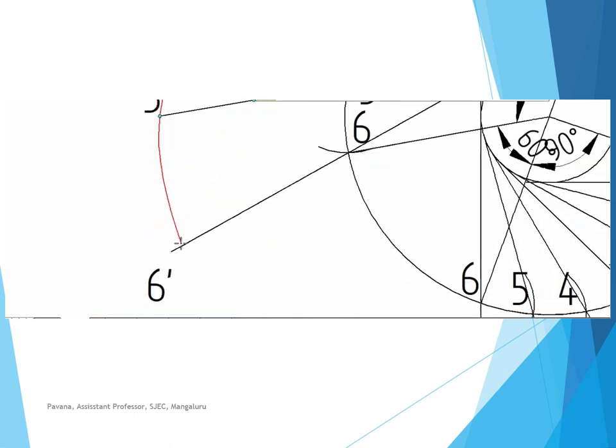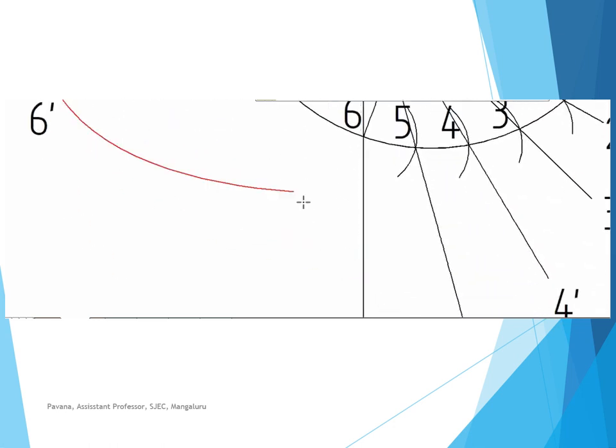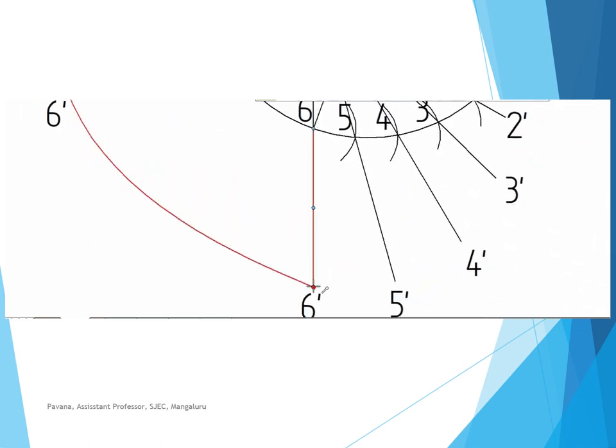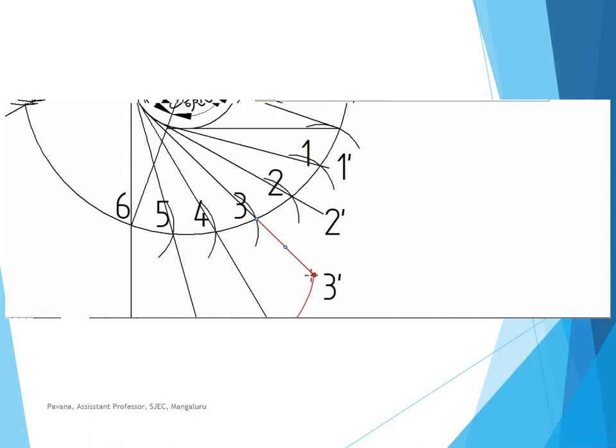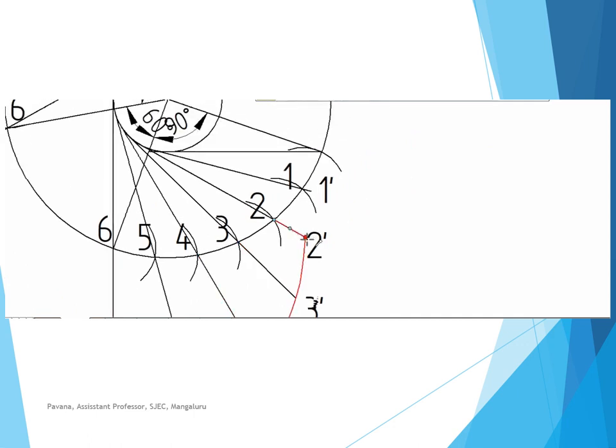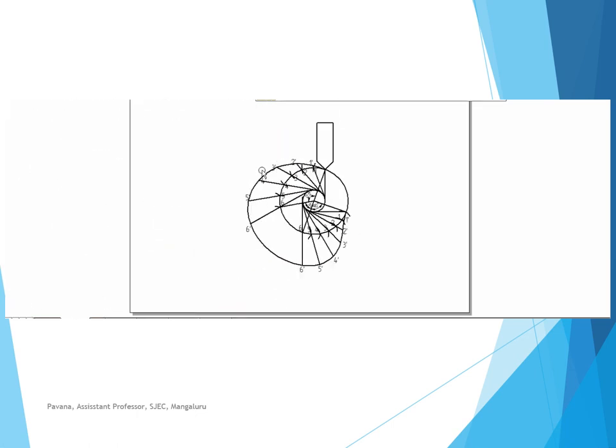Again back in the other section: 6 dash, 5 dash, 4 dash, 3 dash, 2 dash, 1 dash, and back to the 0 point. You can write the 0 at the end point. So this completes the profile. I'll highlight that with the red color. So this is the cam profile for the offset follower.